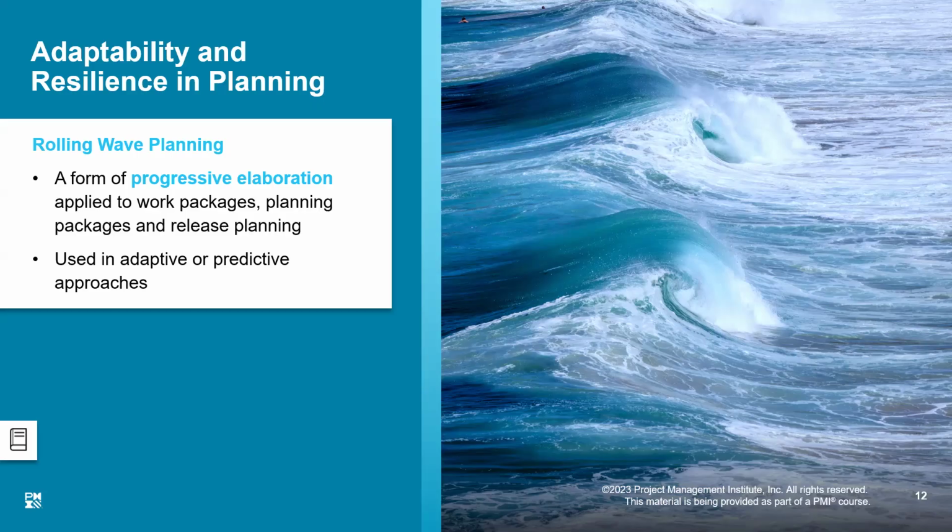So these concepts, both progressive elaboration and rolling wave planning, are applicable both to the adaptive environment and the predictive environment. Both ways we have this concept. But in agile, people slightly confuse it, because they consider that in predictive projects, rolling wave planning happens at the lowest level of the data.